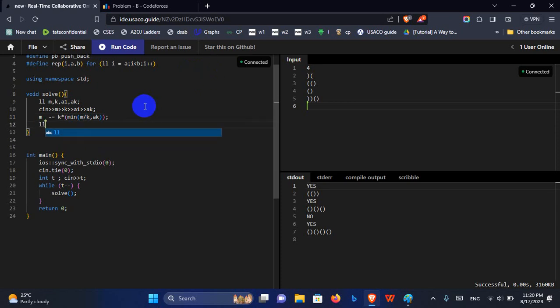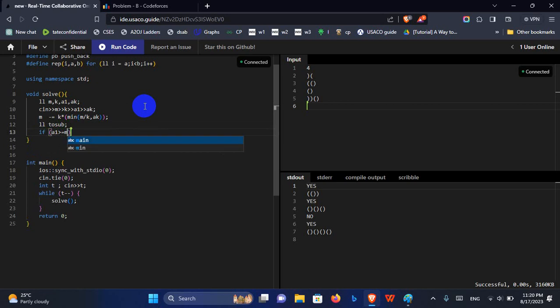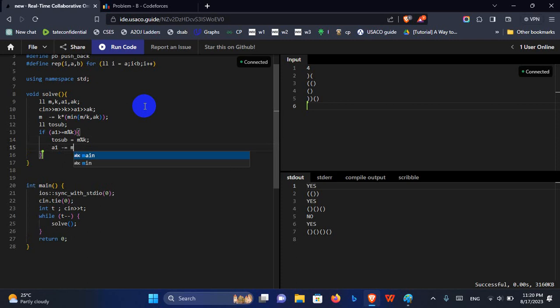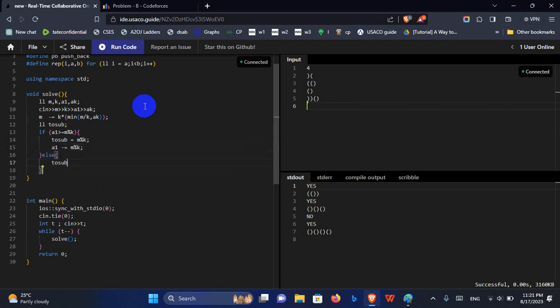And after this we will have this to subtract, I call it to sub. If ai is bigger than m divided by k mod this, to sub would be mk, and a1 will subtract this from a1, otherwise to sub would be 0.